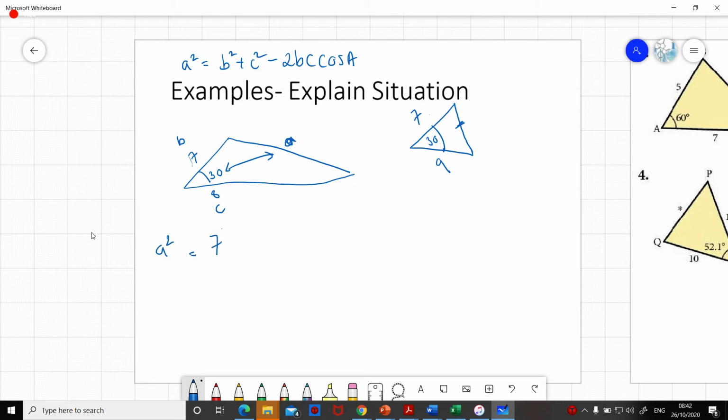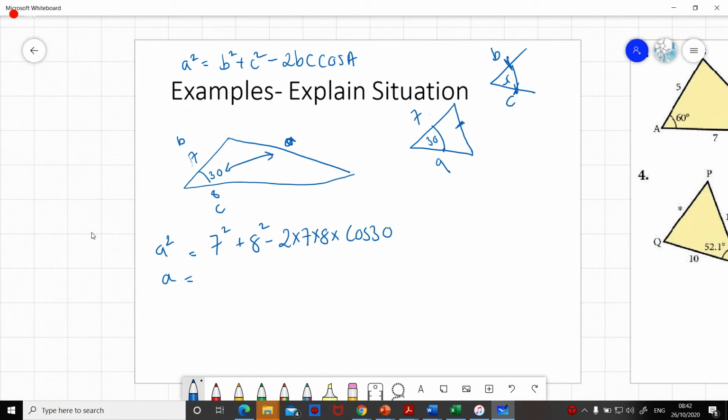So a squared is what we're looking for. b and c are always the sides between the angle. It's very important to remember that. So a squared equals 7 squared plus 8 squared minus 2 times 7 times 8 times cos 30.